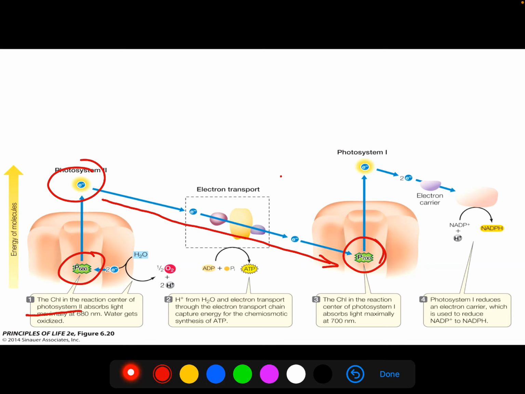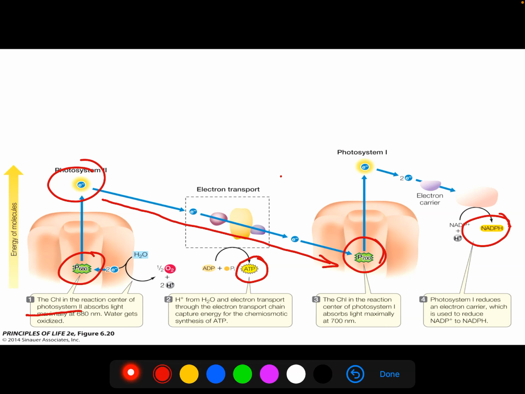And so going down, electrons going through these proteins, ATP is produced a little bit, right? And then we energize the electron again at photosystem 1, and we transfer it to an electron carrier, and that is NADPH, which is the reduced form of NADP+.